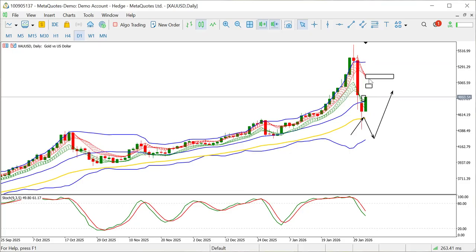Or sometimes students are doing analysis, so I'm making corrections: wait for this process, this step, that step. After that, once it happens, there is a signal to go for buy or sell. So we are doing it together.